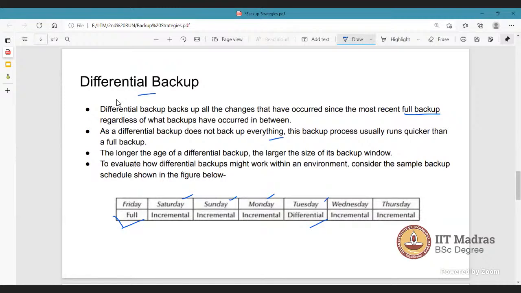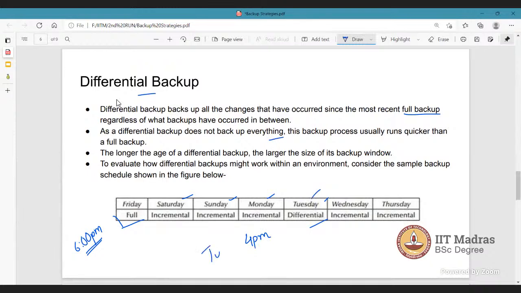Now, say we perform a backup each day at 6 p.m., be it a full, incremental, or differential backup. I'd like to ask you all one question: say a failure occurs at 4 p.m. on Tuesday.